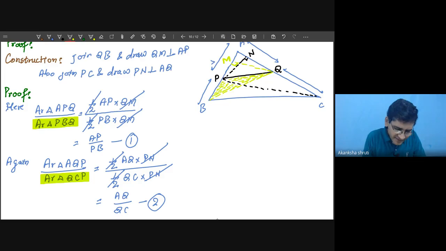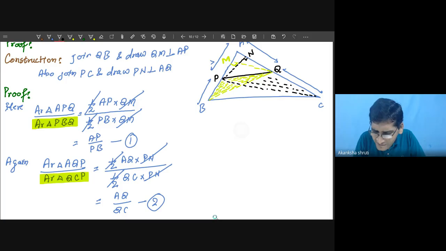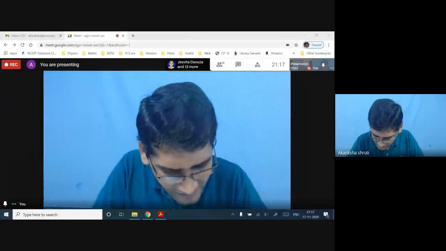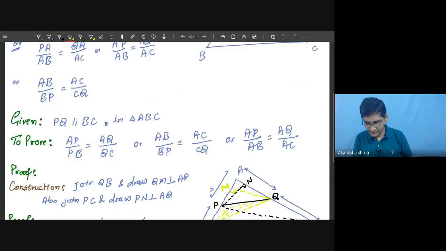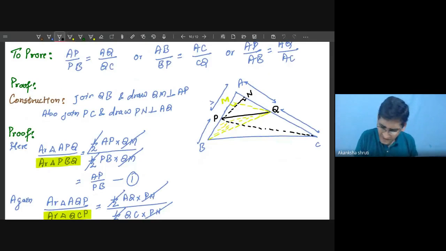The other triangle is like this. So this triangle also lies on the same base PQ and the other vertex lies on the same parallel BC.